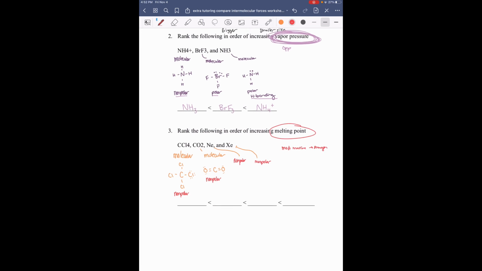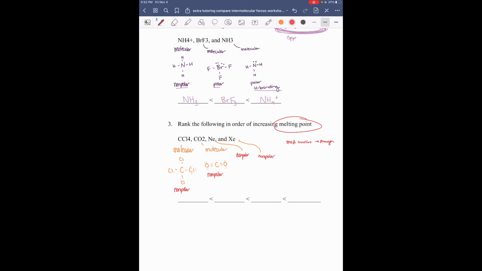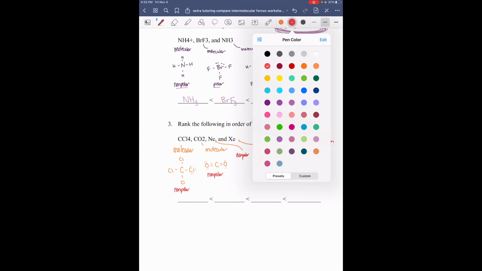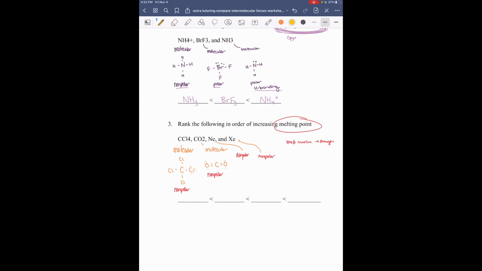Okay, let's do some math. Carbon is 12 plus chlorine is about 35.5 times 4. For CO2, carbon is 12 plus oxygen, which is about 16 times 2. Neon is about 20, and xenon is 131-ish.